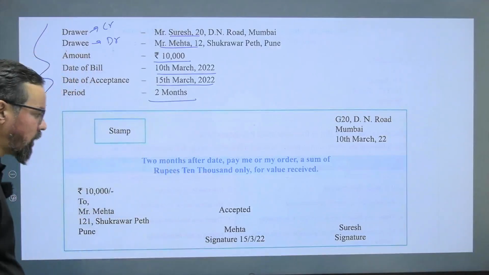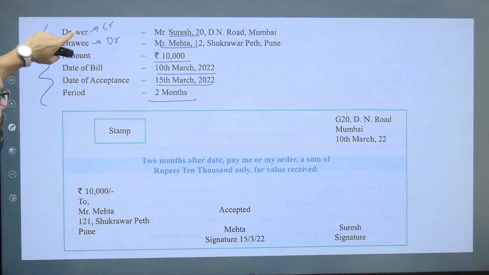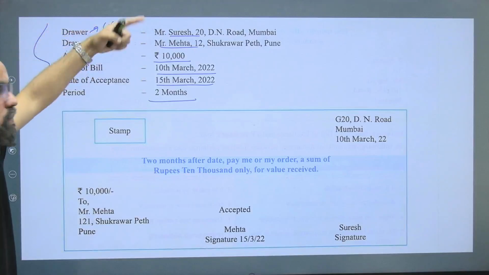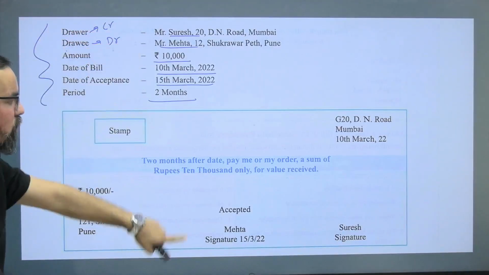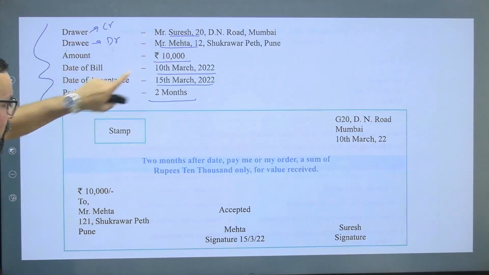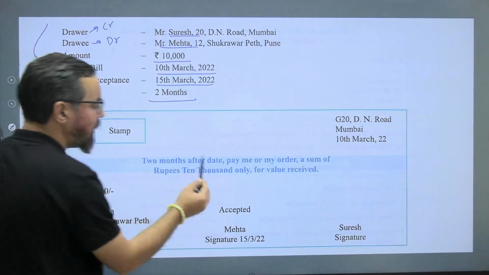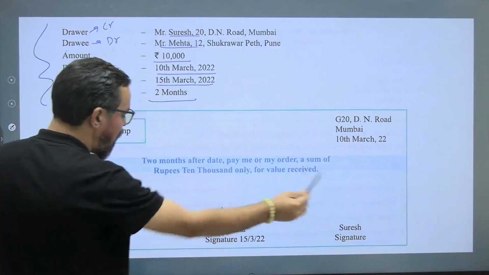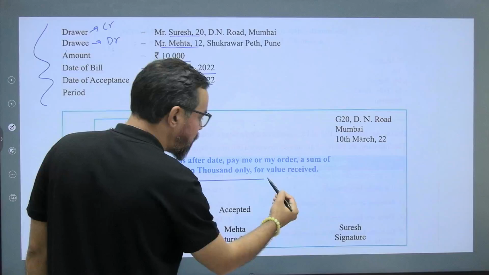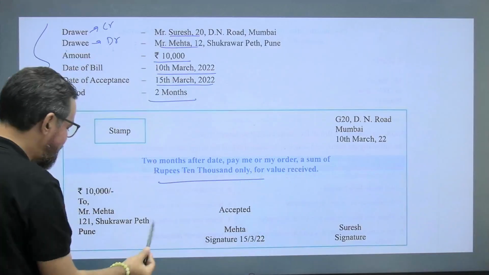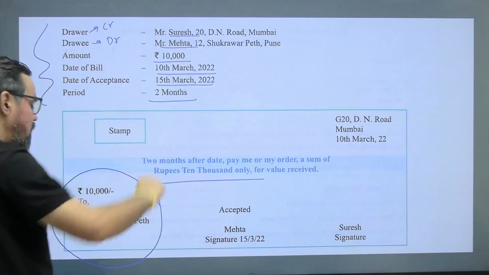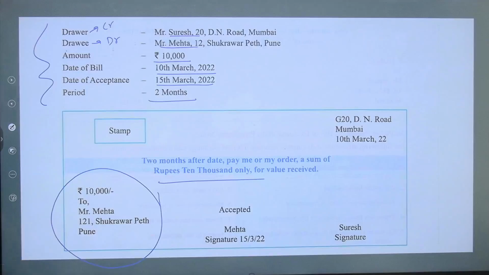So in that case, the drawer, Suresh, will issue this bill, or this bill is drawn by Suresh on Mr. Mehta. 2 months after, pay me or my order a sum of 10,000 only for value received. And the acceptance by Mehta sir is important in this case as well, right?